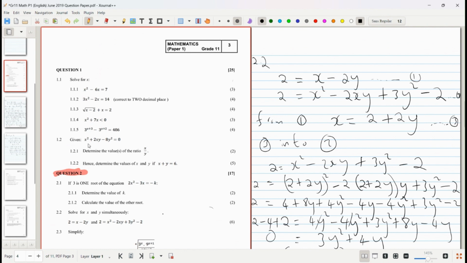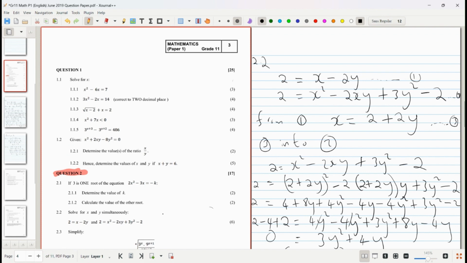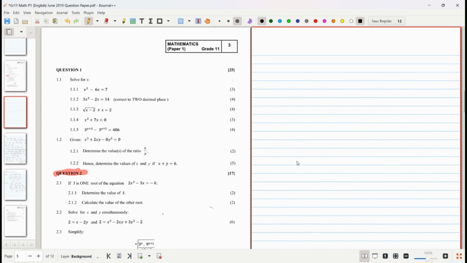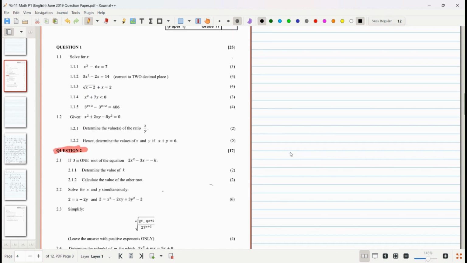Okay, moving forward to the next question. The next question, we have to simplify the fourth root of the number that's inside here. So in order for us to simplify, first let's copy the question. This is 2.3.